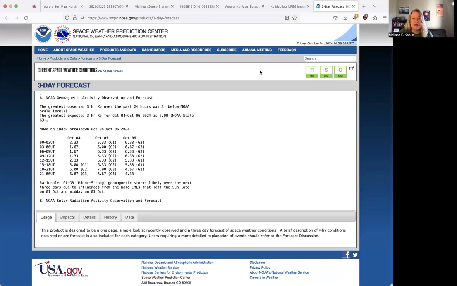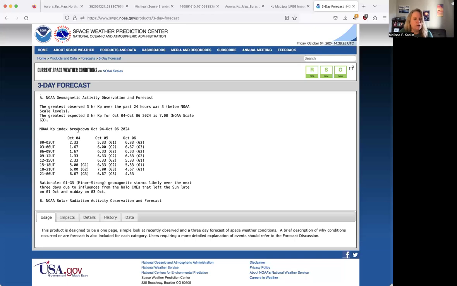So you'll see the KP in these forecasts, like the 3-day forecast from NOAA's Space Weather Prediction Center. Here we have 3 days lined up with 3-hour increments in universal time, and it's going to give you the planetary average of the K index for that 3 hours of time as they predict it to happen.